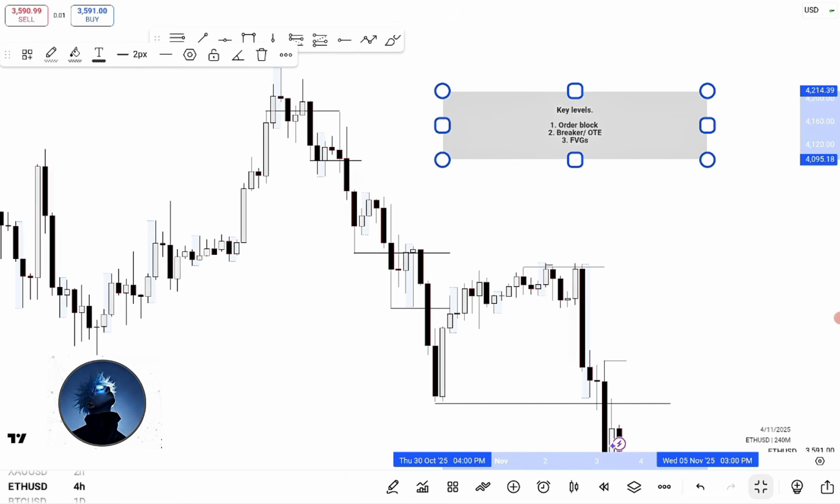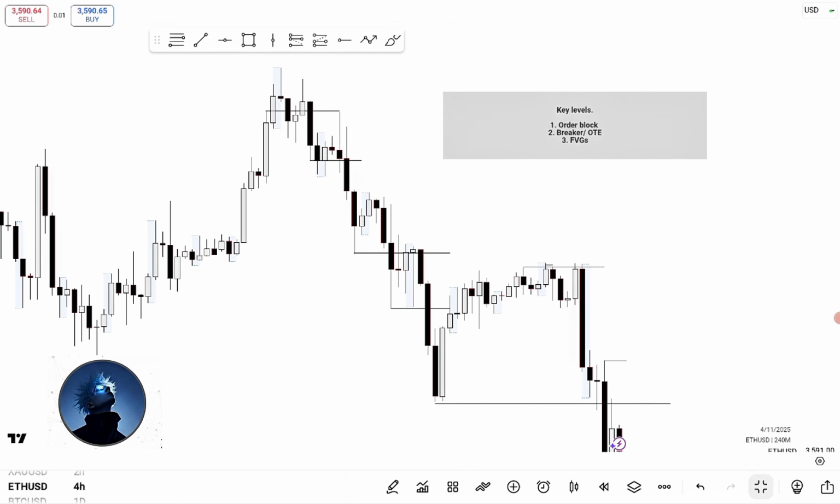Most of the time when you are trading CRTs, and it does not seemingly go into your favor, or maybe it wicks you out before it delivers into the target, you are getting one of these things wrong. You are either getting your directional bias wrong, or you are not getting your key level rightly plotted out.